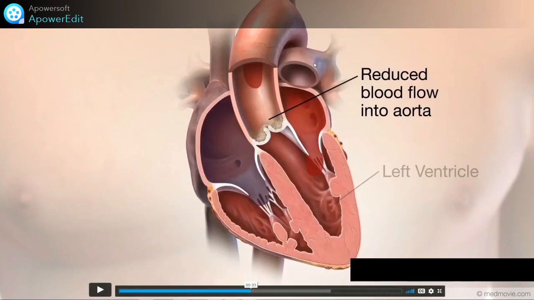For example, the probe is here and sends the ultrasound.